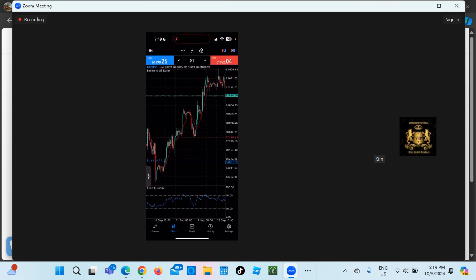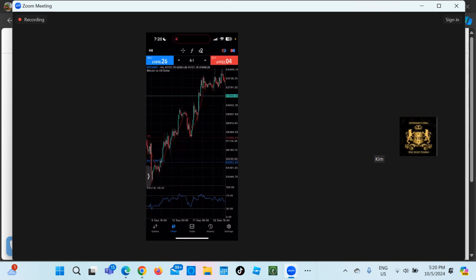So, kaya nga meron pong TP1 and TP2 and TP3 and TP4. The reason why they did that is so you can maximize yung risk reward ratio. And then, pwede ka mag take profit on TP1 and TP2. You can place there. You can stop your profit.